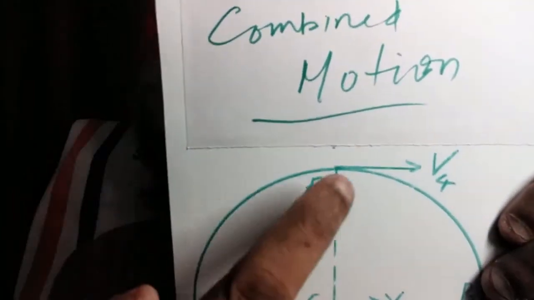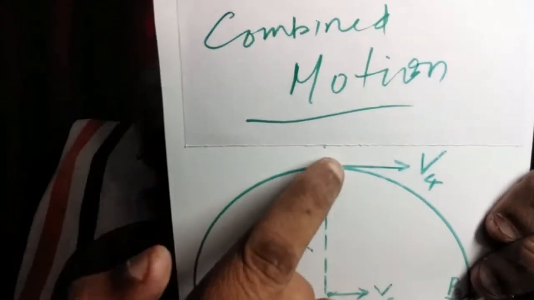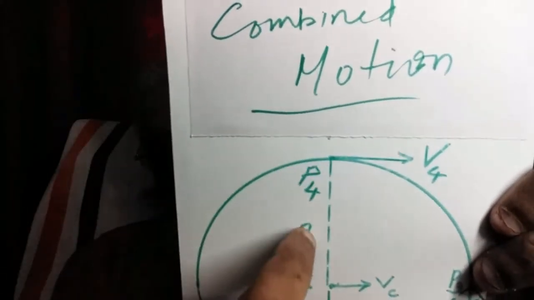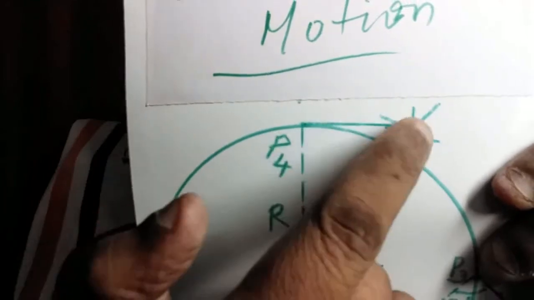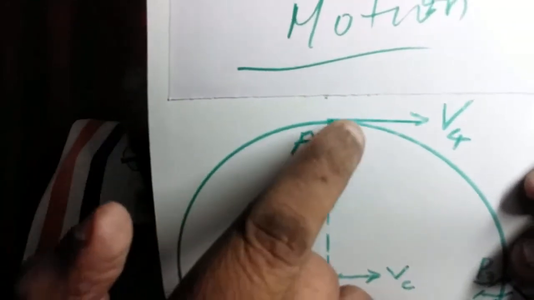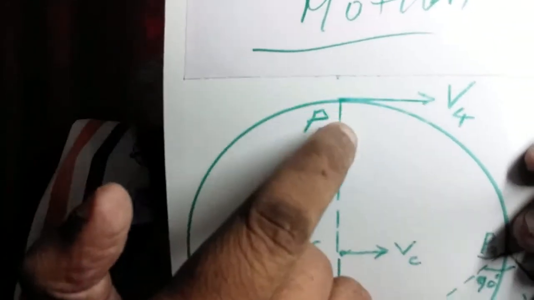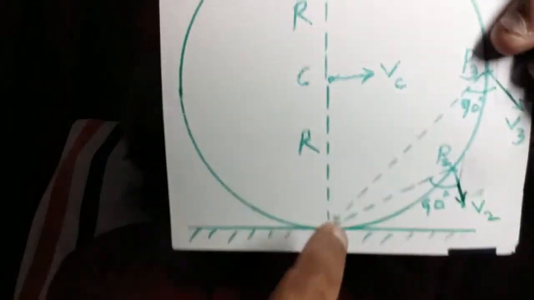If we take another point on the rim, at the extreme point of the rim, say P4, the velocity V4 is perpendicular to this line.